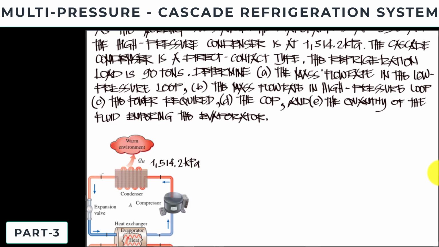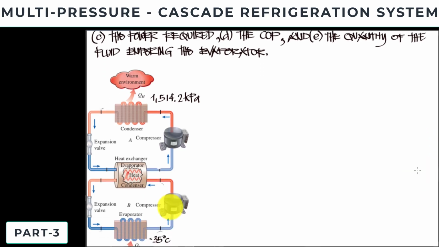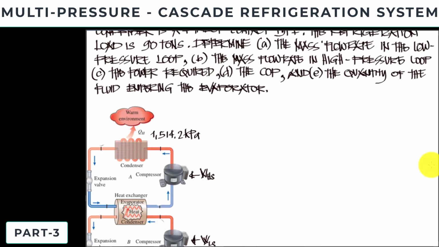And the power required: how much power is supplied to the low stage compressor, and the power required at the high stage compressor in order for the system to run.